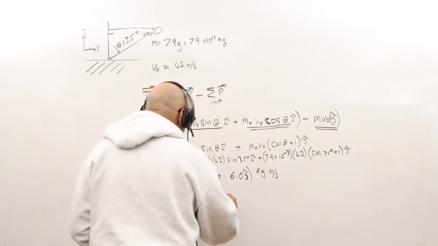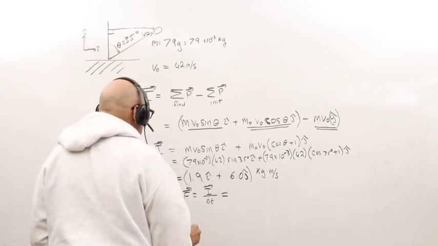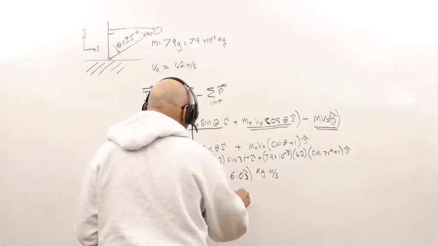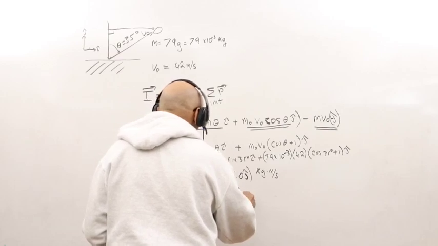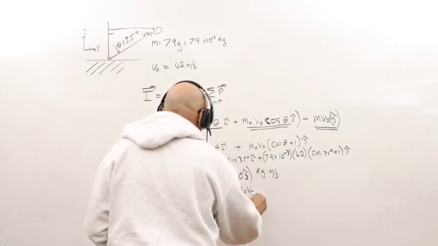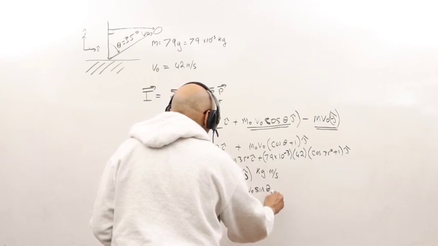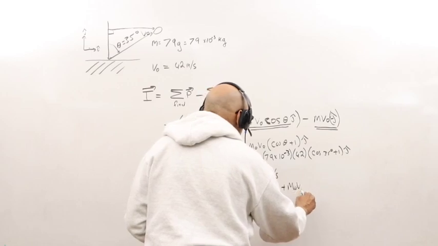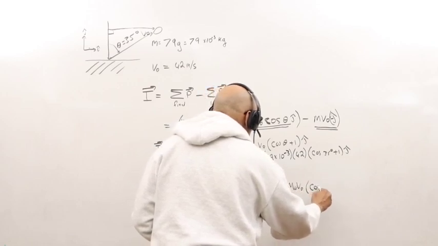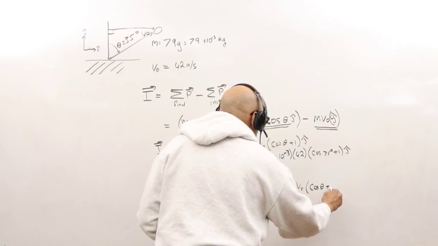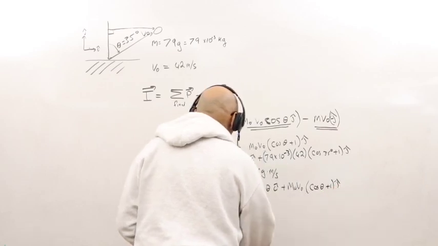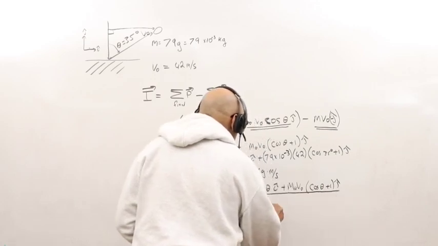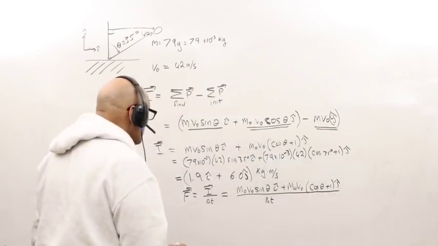In this case, we have 13 milliseconds. I'll actually use the original equation, which is mV0 sine of theta i hat plus mV0 times cosine of theta plus 1 j hat, all divided by delta t to get the average force.